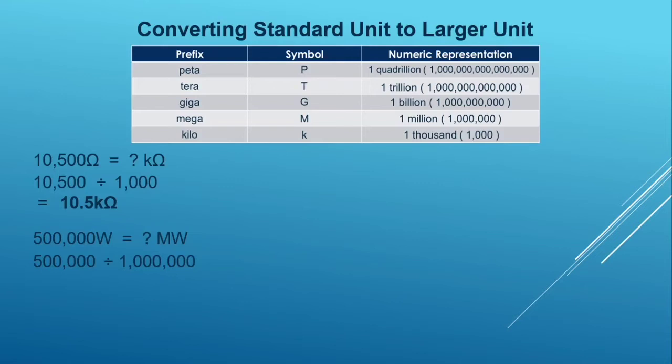Once you divide 500,000 by 1 million, we will have the answer 0.5 megawatts. So 500,000 watts is equal to 0.5 megawatts.